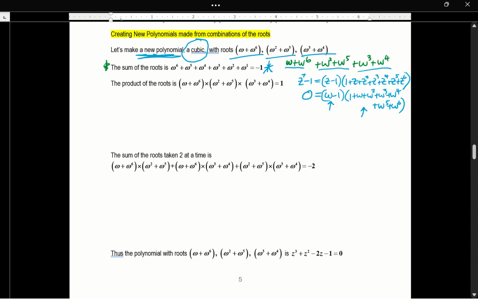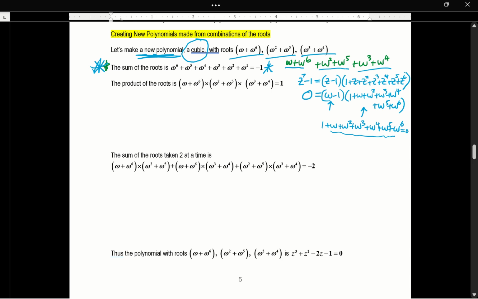In other words, that second set of brackets equals 0: 1 plus w plus w squared plus w cubed plus w^4 plus w^5 plus w^6 equals 0. Therefore, all that stuff must equal minus 1, which is what I've said up here at the asterisk stage. So that's where we got up to last time. We were saying that the sum of the roots for our cubic that we're creating is equal to minus 1.